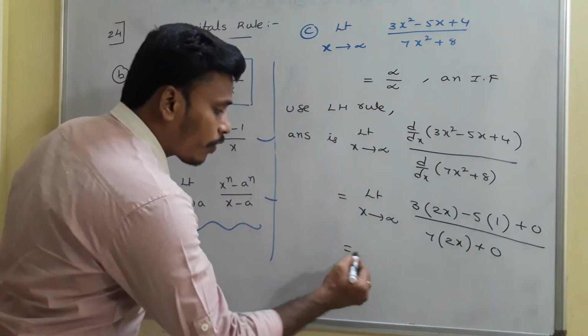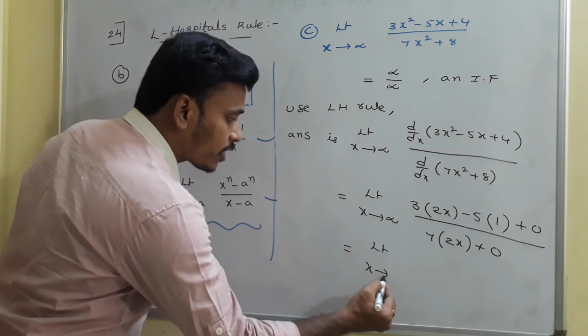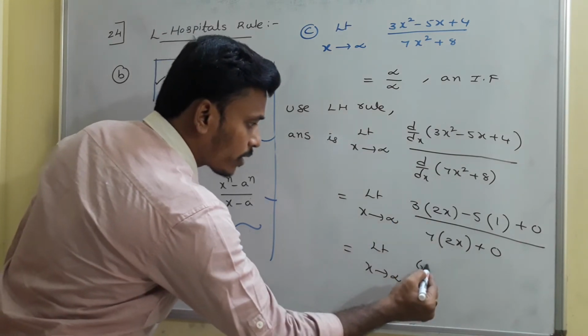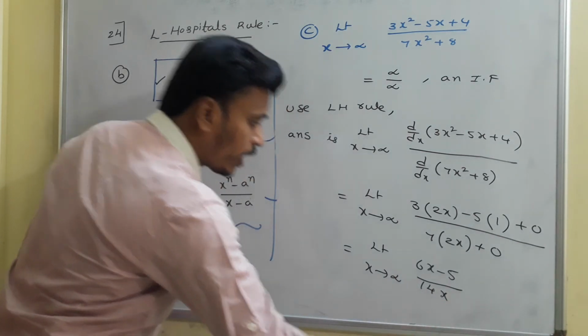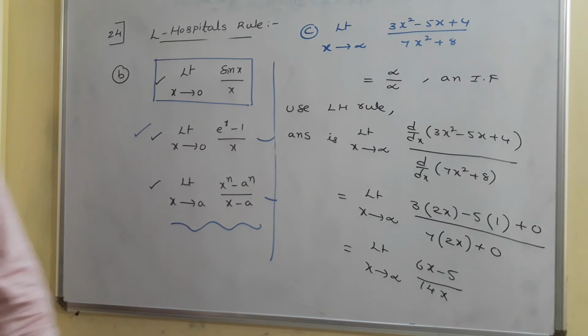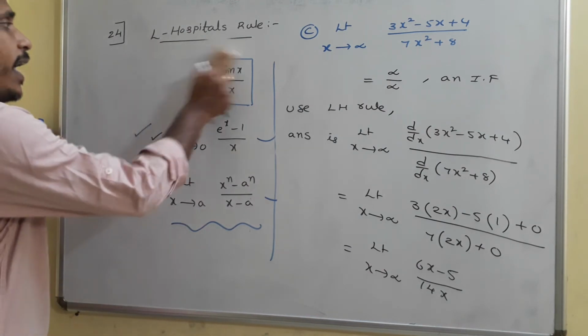So now what do we have? Limit x tends to infinity, 3 into 2x, that is 6x minus 5, divided by 14x.